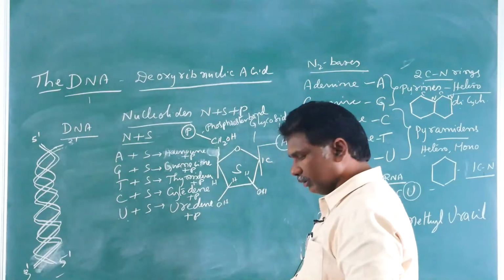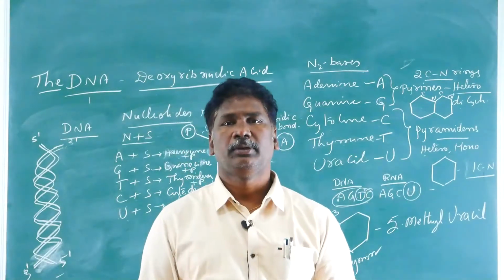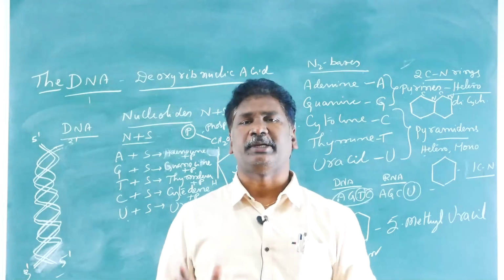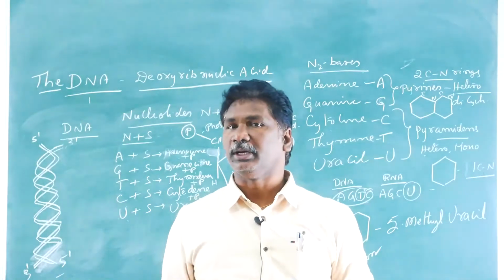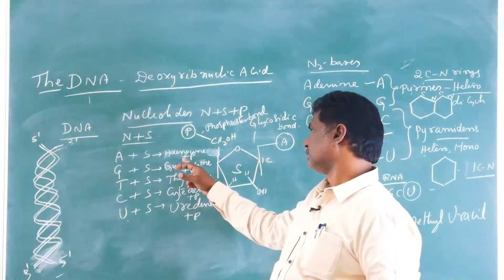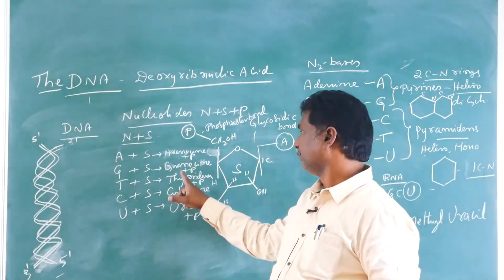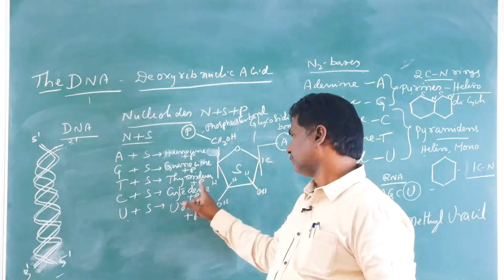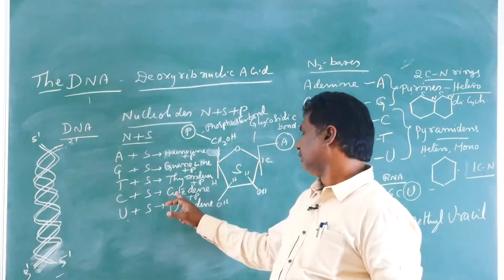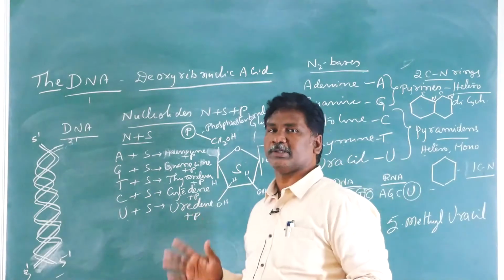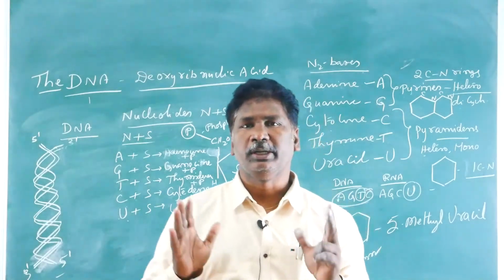All those nucleotides are simply said to be acids because these are the nucleic acids. That's why adenosine plus phosphate is adenylic acid, guanosine plus phosphate is guanylic acid, thymidine plus phosphate is thymidylic acid, cytidine plus phosphate is cytidylic acid, and uridine plus phosphate is uridylic acid.